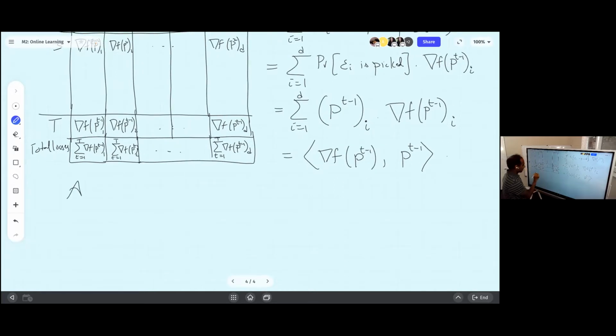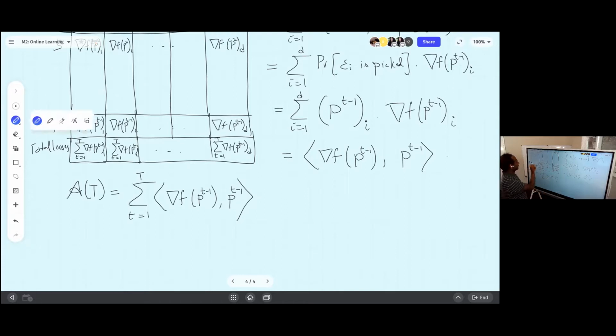So the total loss of our algorithm is exactly the sum of the expected losses, and we know that this is close to the loss of the best expert. The loss of the best expert is the minimum entry in these total losses.